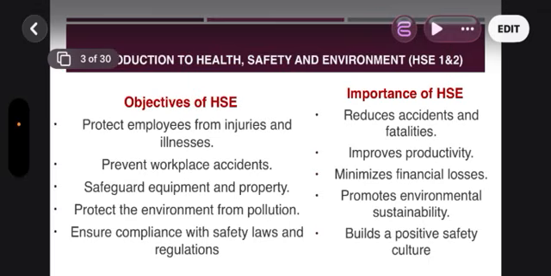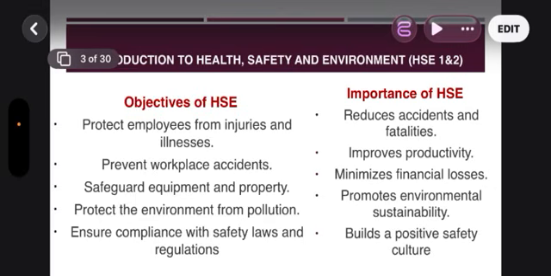Quickly, let's look at the importance of HSE. HSE reduces accident and fatality. Accident is an unwanted event, an unwanted occurrence that leads to harm, injury, or losses. Fatality is any event that leads to death. Once an event happens and it leads to death, it's fatal and it's a major catastrophe.